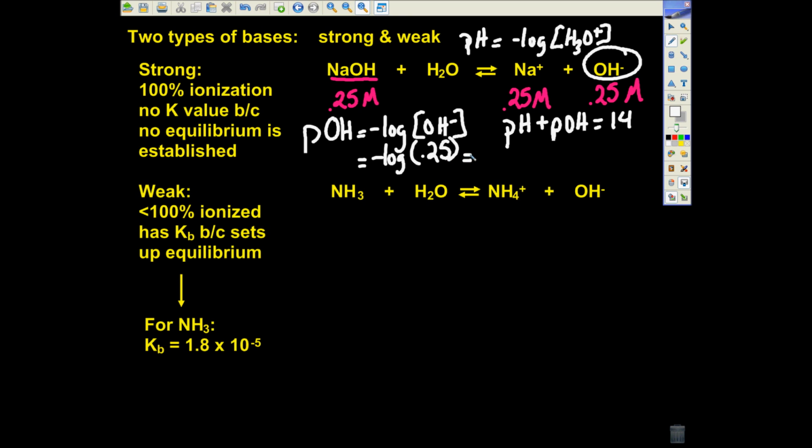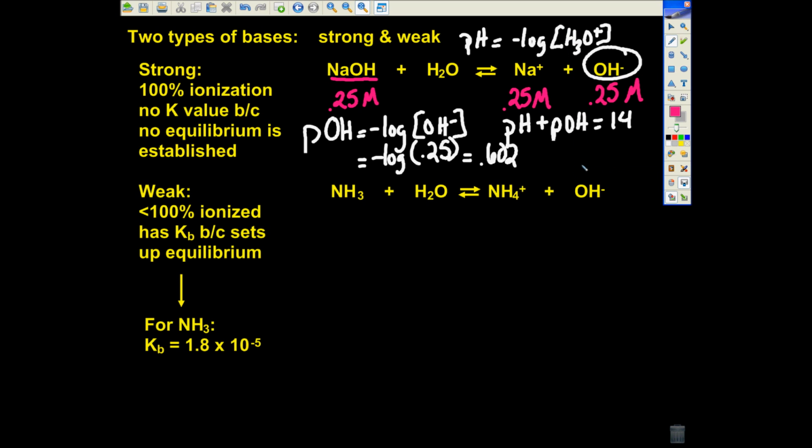So in my calculator, that's what I'm going to put in. Negative log 0.25. That's going to give me 0.602. So that's my pOH. Now to get my pH is probably what the question is going to ask you to do.